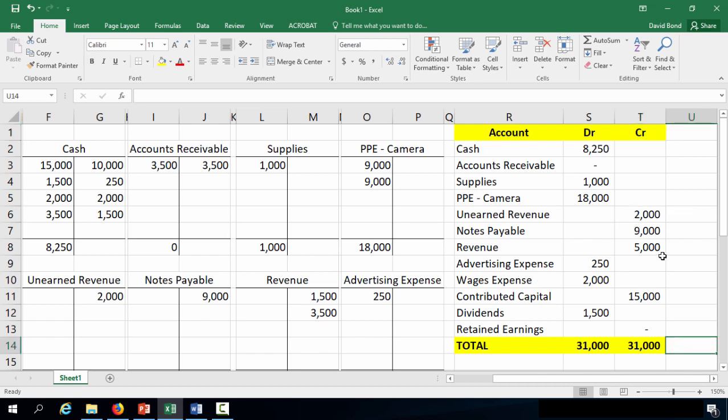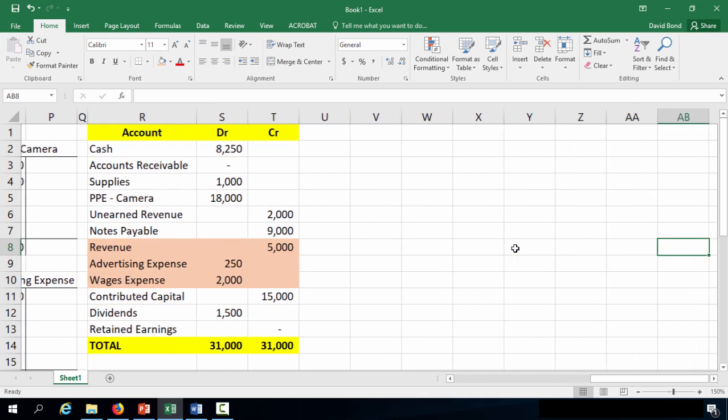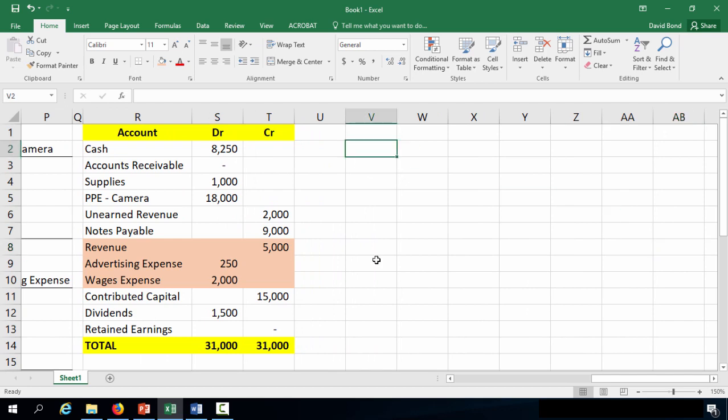And the first bit is we can take profit and loss. So we'll move along a bit, and Circle Films.